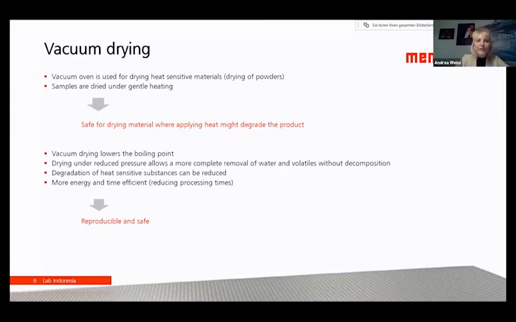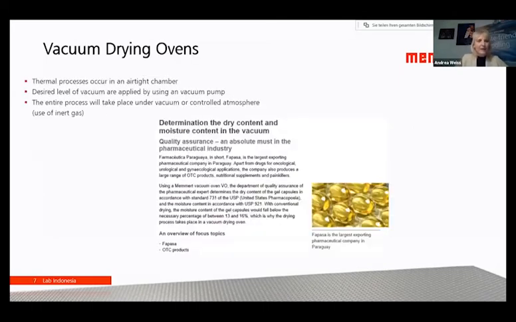Drying under reduced pressure allows a more complete removal of water and volatiles without decomposition. Degradation of heat-sensitive substances can be reduced, and it is more energy and time efficient, reducing processing time. So this is for reproducibility and for safety.